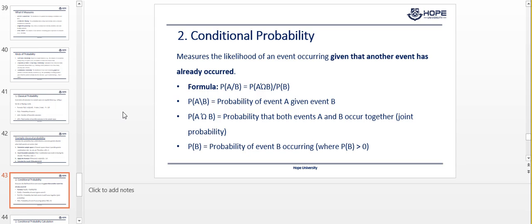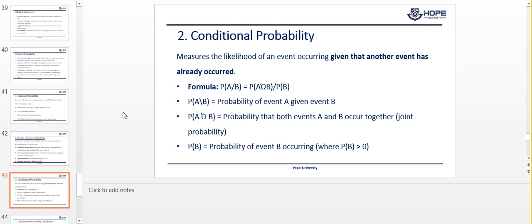The formula is: the probability of A given B equals the probability of A and B, divided by the probability of B. So P(A|B) means the probability of event A given event B.